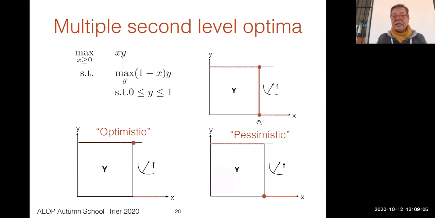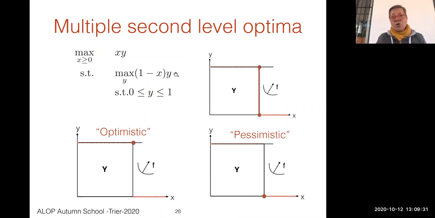But when x is equal to 1, in fact, any value for y between 0 and 1 is optimal, because the coefficient that multiplies y in the objective function is 0. So when x is equal to 1, you have a whole segment of optimal solutions for the second level, okay?